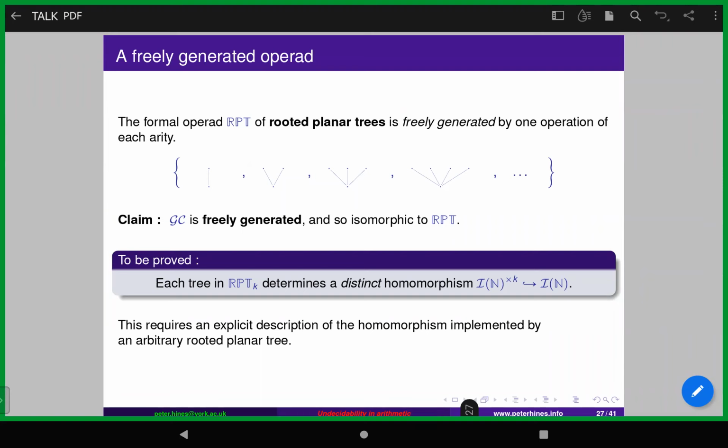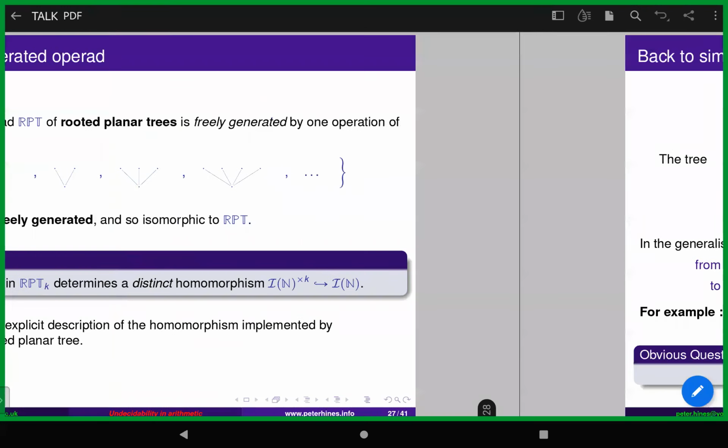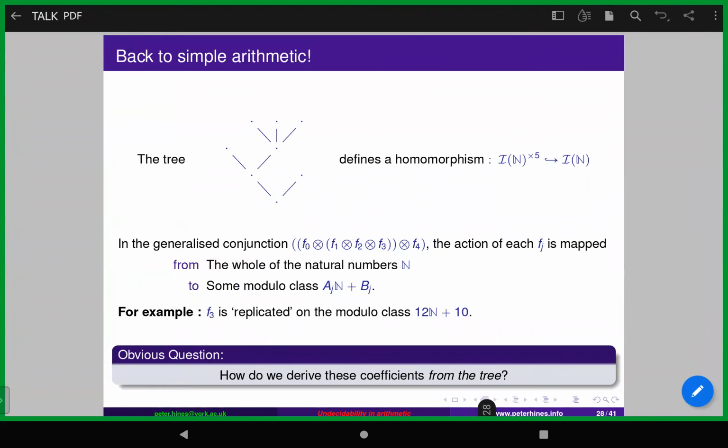This is the claim: that this operad of generalized conjunctions and this notion of substitution is freely generated, so it's isomorphic to our formal operad, which is so well studied and used in so many different fields. To prove this, we need to give an explicit description of the homomorphism implemented by an arbitrary tree. So again, let's use the same tree as an example.